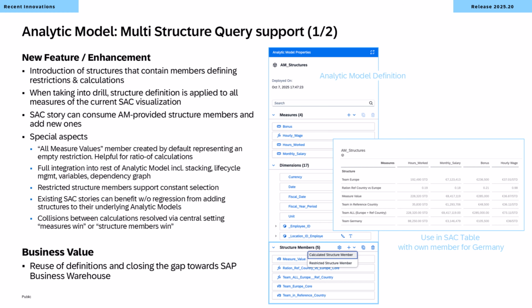SAC stories that already rely on an analytic model just become better if that same analytic model learns a new trick. And so if you now add a structure to that already used analytic model, then that totally works and doesn't affect the SAC story, but that SAC story has now learned a new trick and now can leverage that structure.